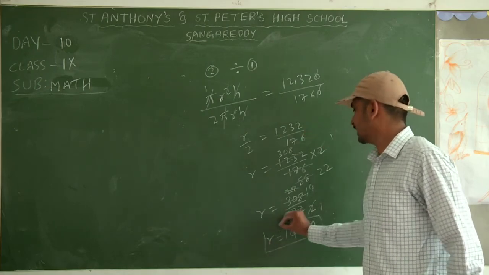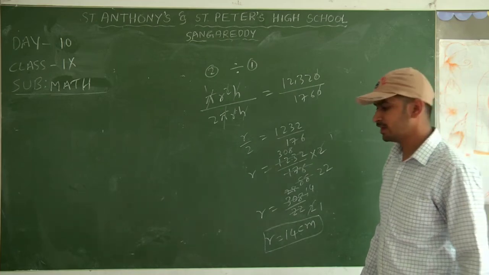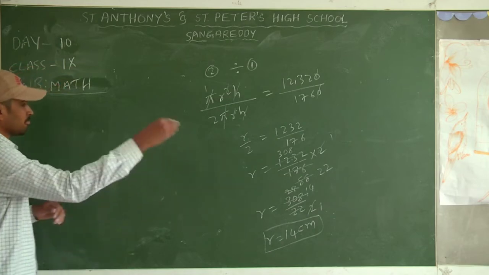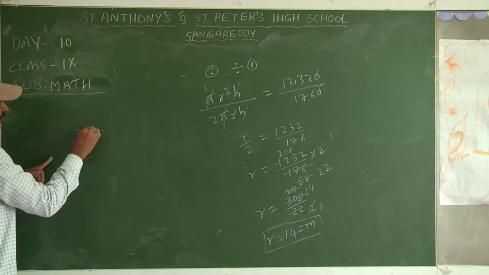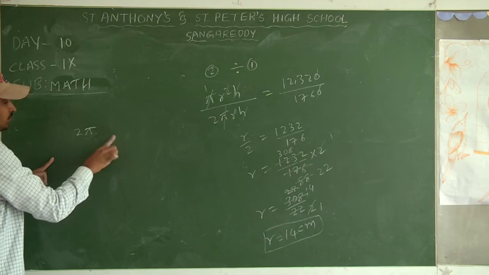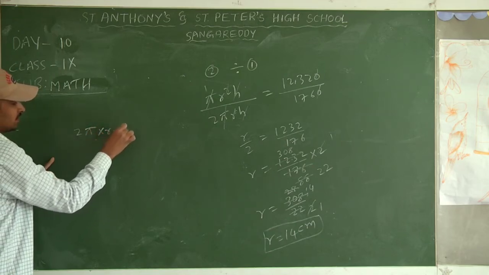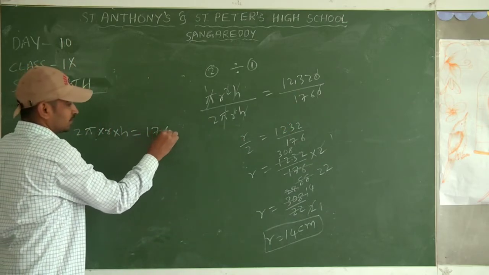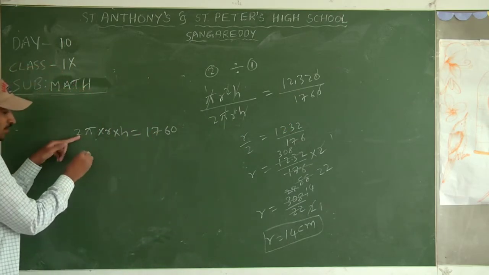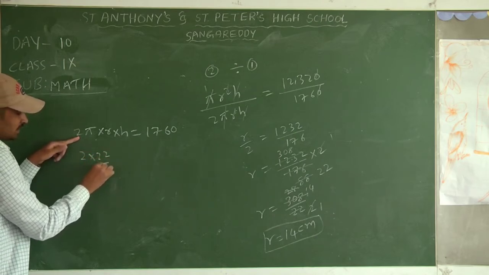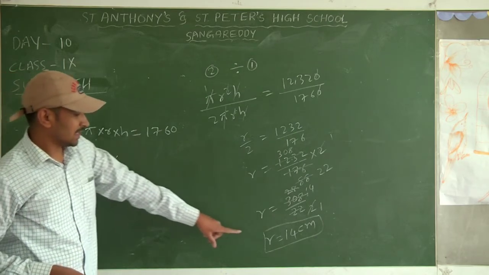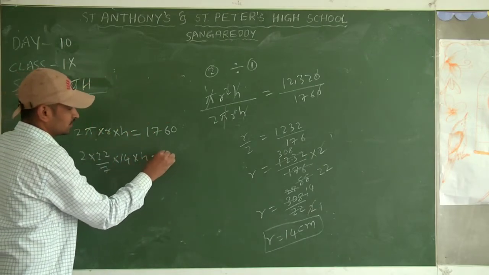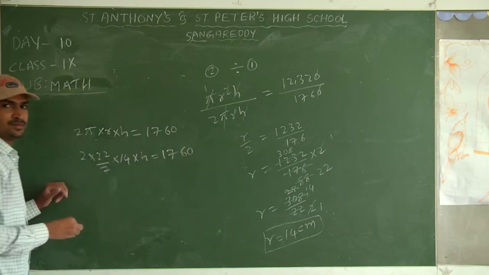So we know the radius of the cylinder. Still we have to find the height of the cylinder, which is what is asked. How to find the height? We have two equations. The first equation is 2 pi rh equals 1760. 2 is a known value. 2 into 22 by 7 into the radius 14 into h equals 1760.